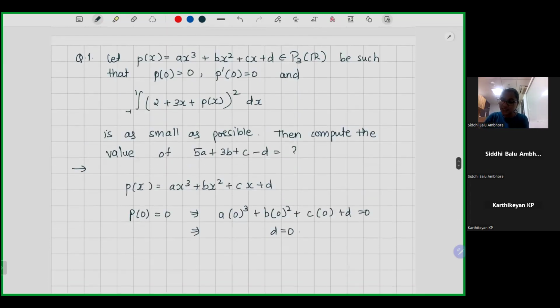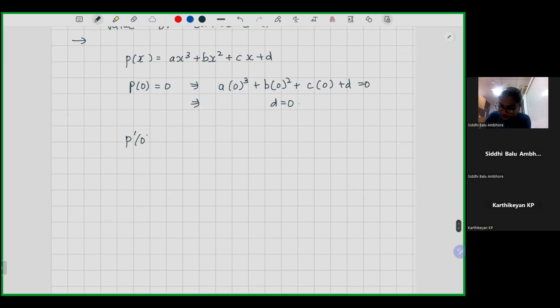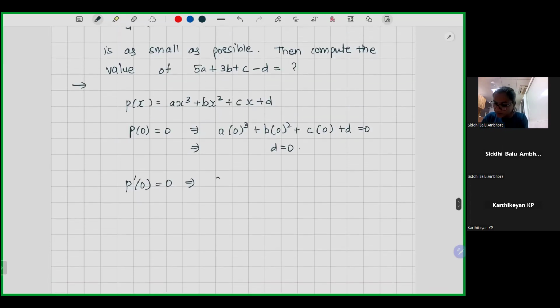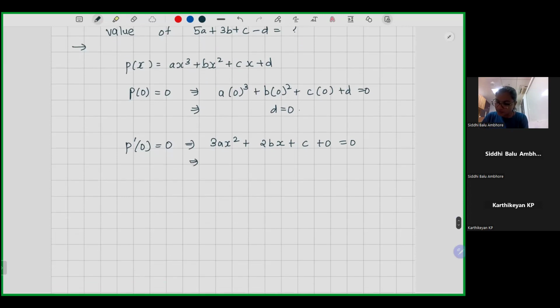Now the second is p dash 0 is 0. p dash is 3ax square plus 2bx plus c, and substituting 0 everywhere, this implies that c is equal to 0.